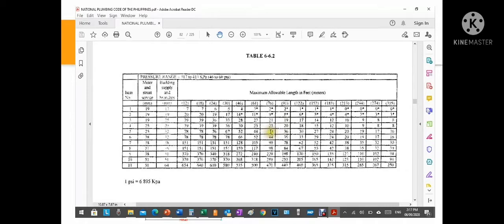Then after that, you project to the row. This is the pipe size. So from 39, you project at this point. So we have 25 millimeter. That is the pipe size for our meter and street service. Or we have 32 millimeter pipe size for the building supply and branches. Okay?